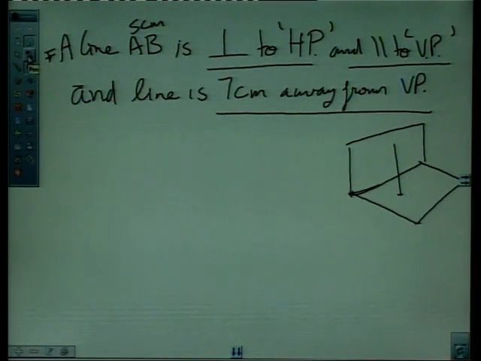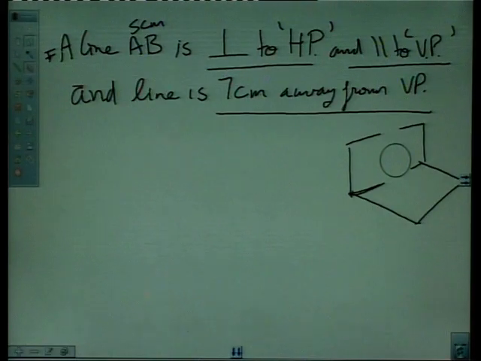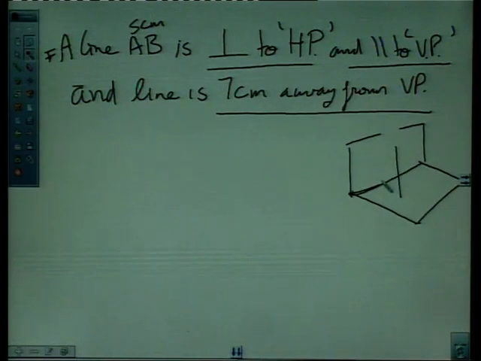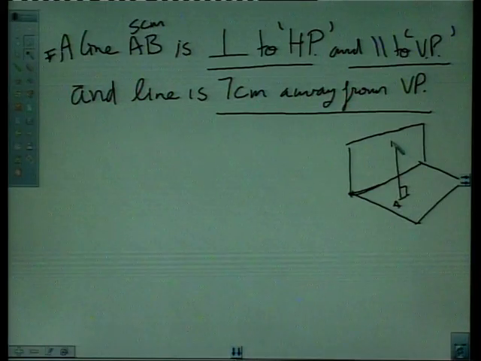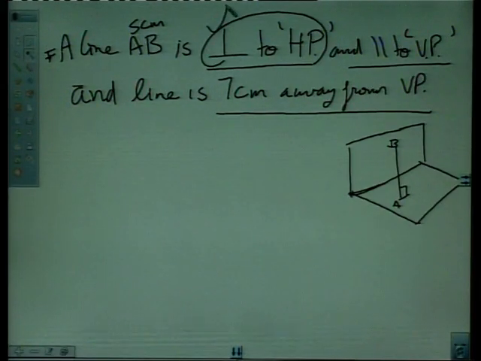So at present line is making 90-degree angle with horizontal plane. Say this is point A, this is point B. So we have satisfied this condition that line is perpendicular to horizontal plane.